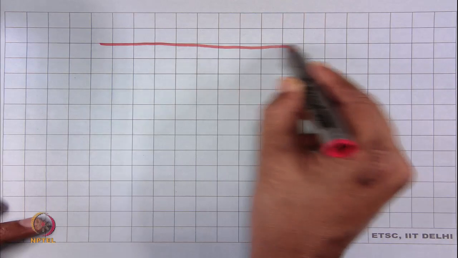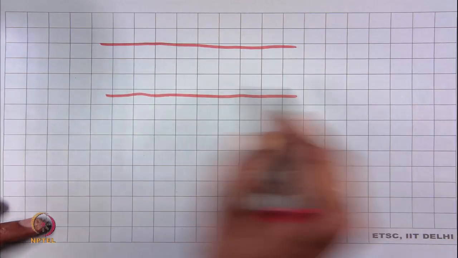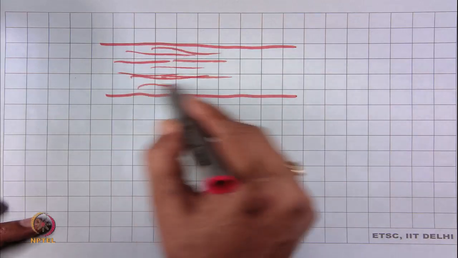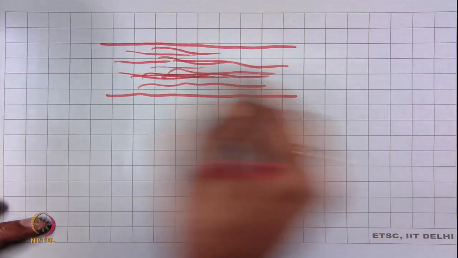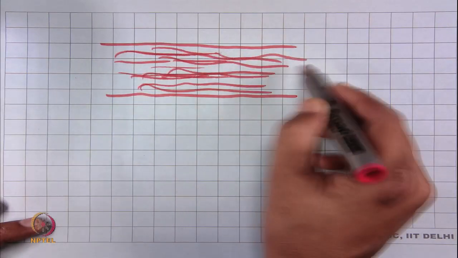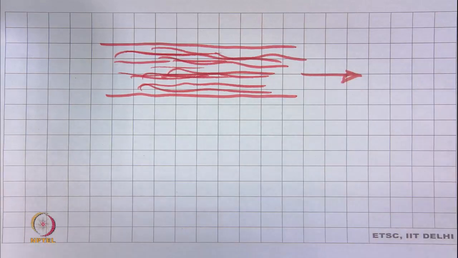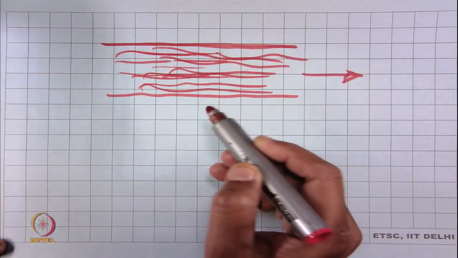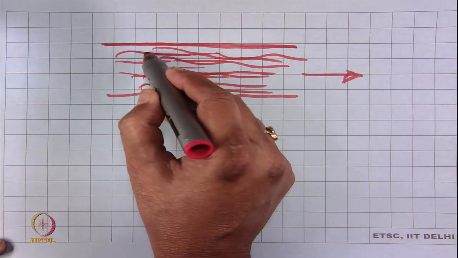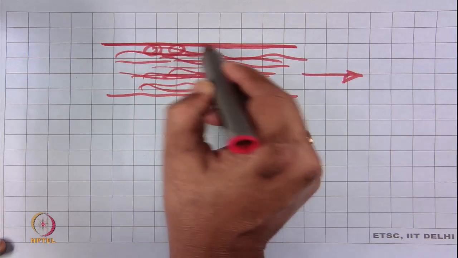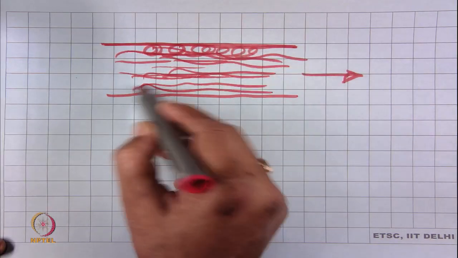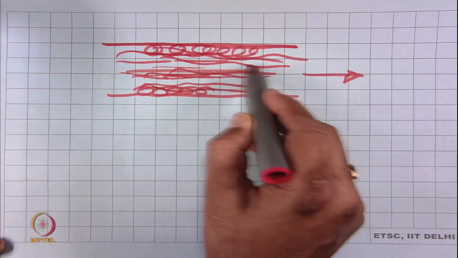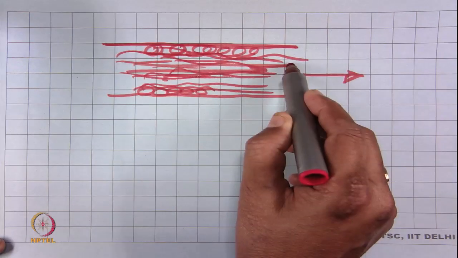Suppose it is a flowing river. The water is flowing here. If we look carefully at the bank of the river, the water actually flows in a different fashion. There will be some different type of movement here, but in the center it flows uniformly.